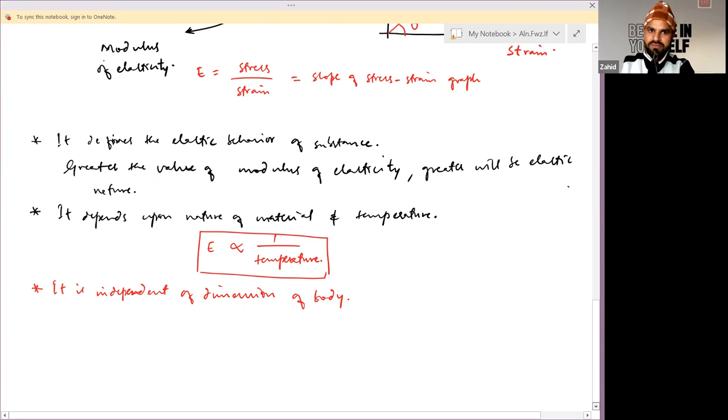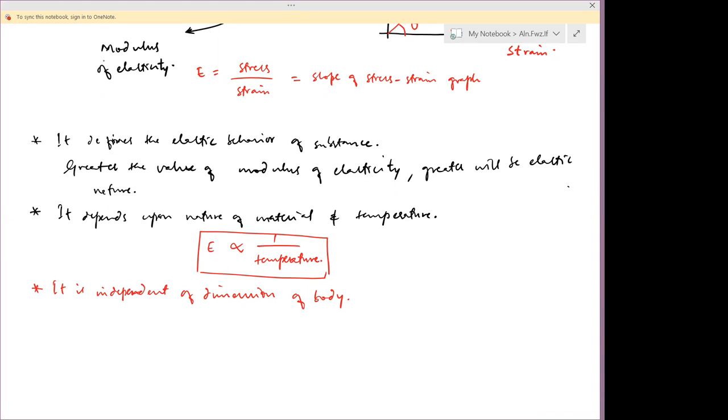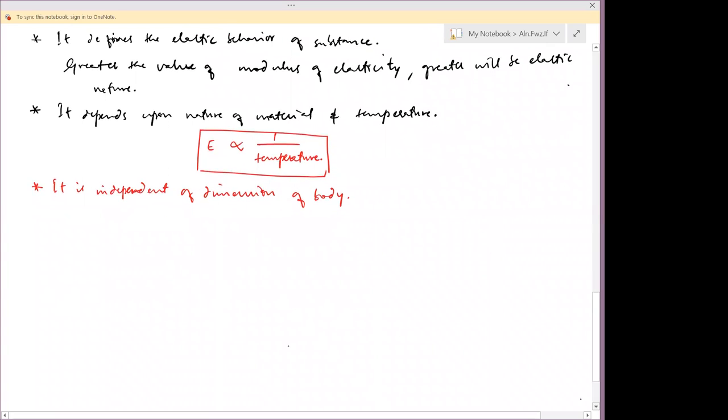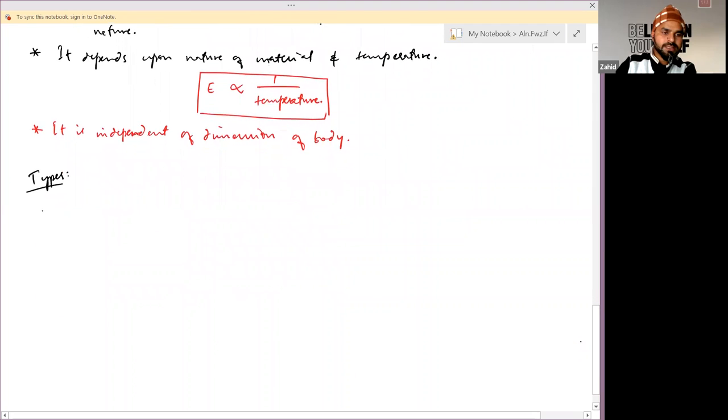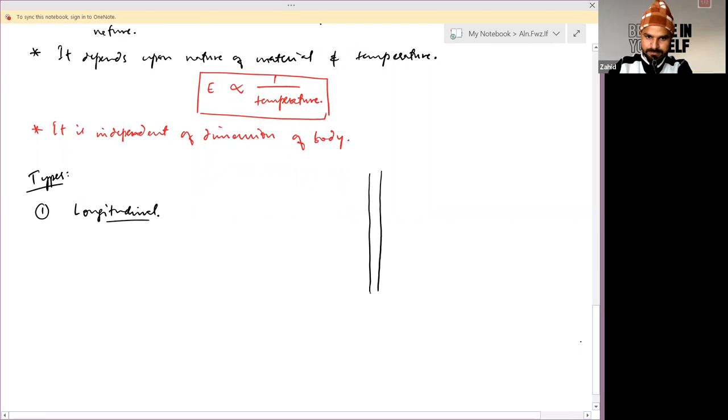Now we have just defined three different terms: stress, strain, and then Hooke's law. Now we have certain types related to these terms. First is longitudinal. Suppose you have a rod attached to a support like this.